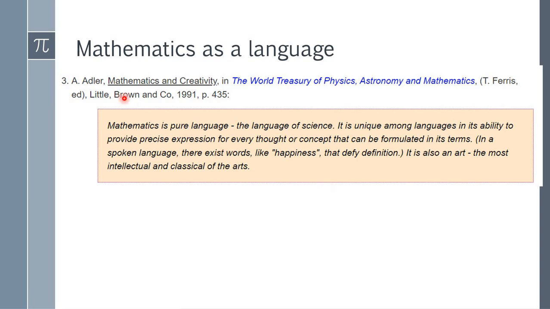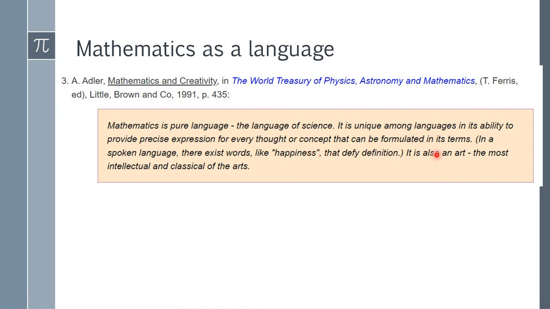according to Adler, in The World Treasury of Physics, Astronomy and Mathematics, he said that mathematics is pure language, the language of science. It is unique among languages in its ability to provide precise expression for every thought or concept that can be formulated in its terms.